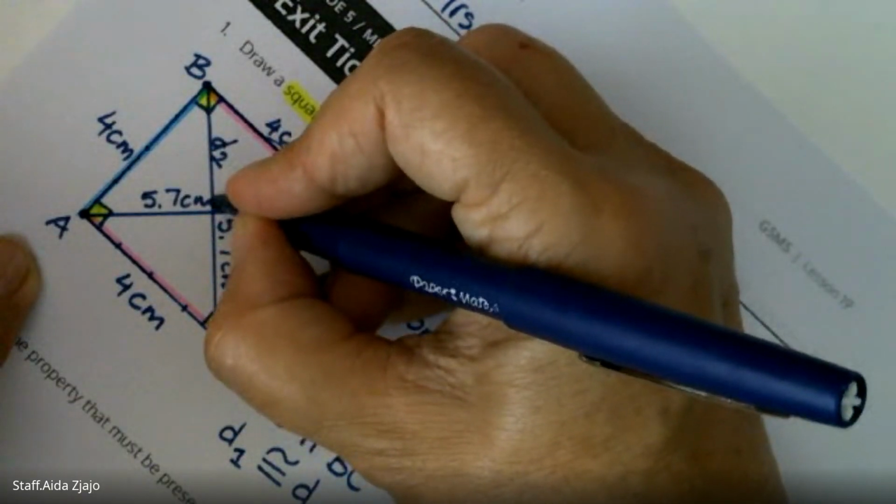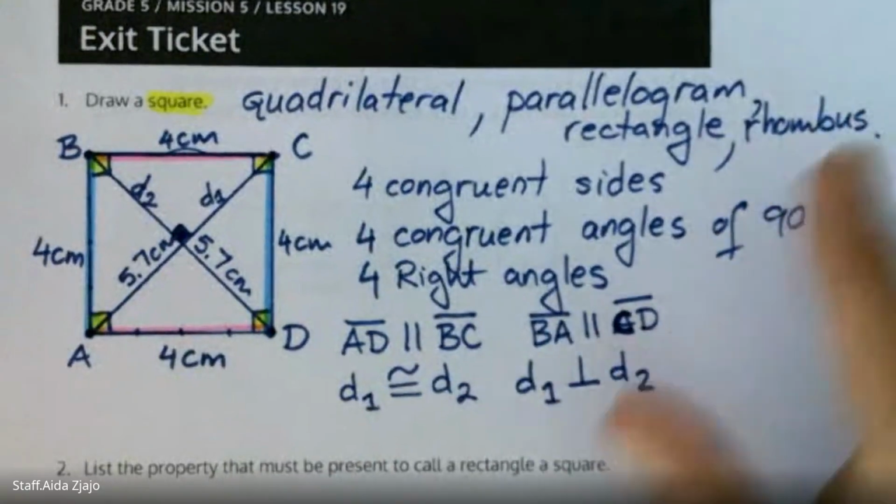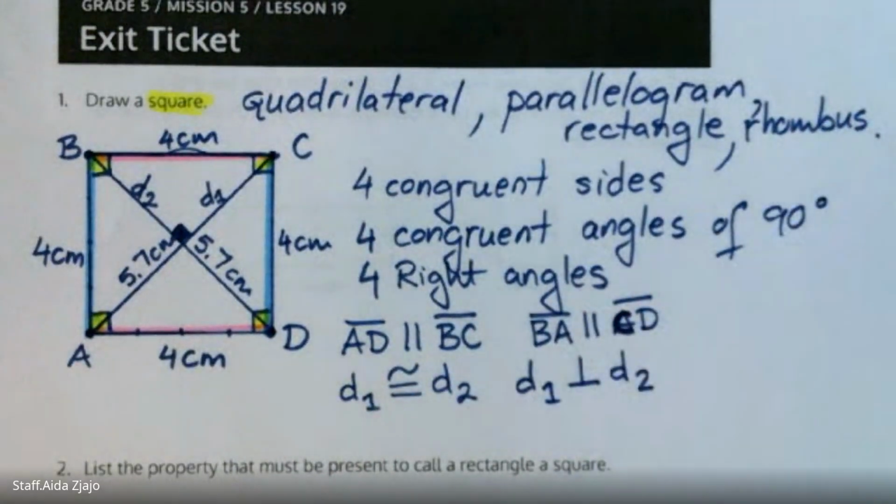So all these properties that a square has fit a rhombus, so a square could be called a rhombus as well.